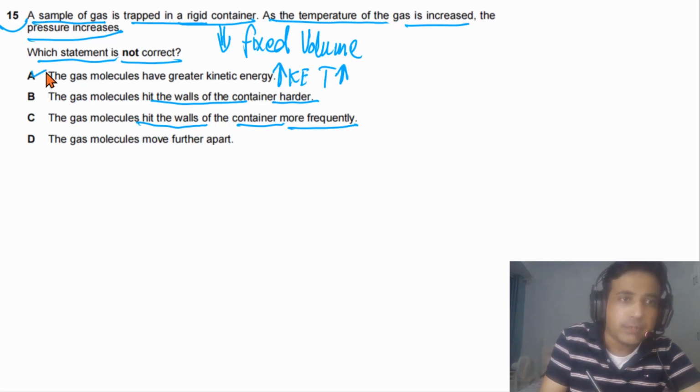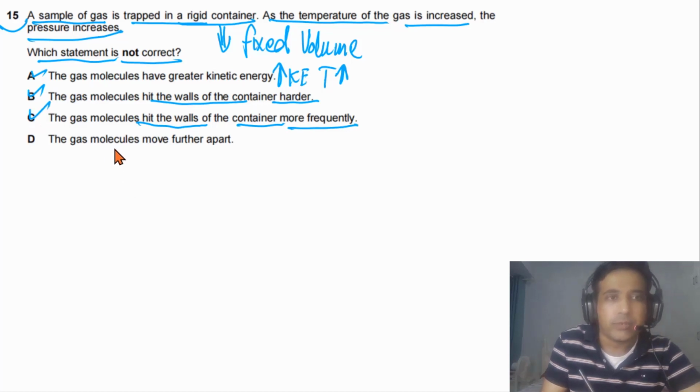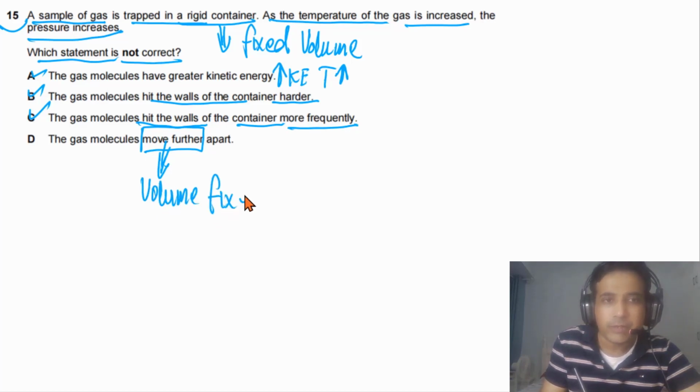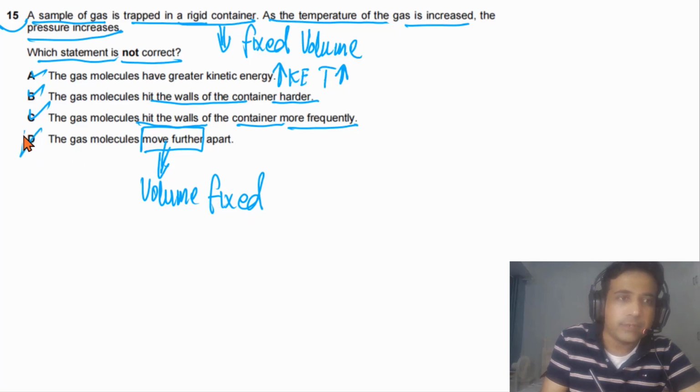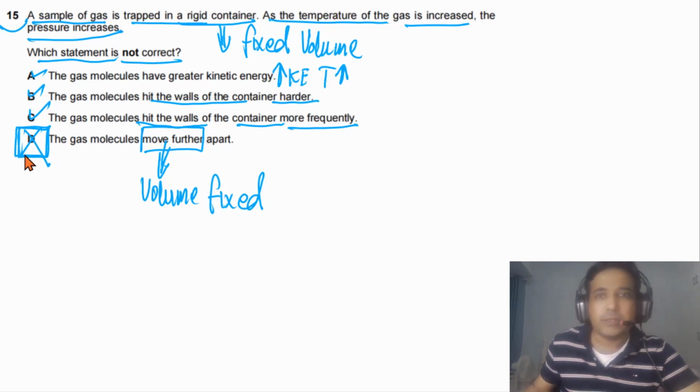So this one is correct, this is also correct. The gas molecules move further apart. No, because volume is fixed, so they will not move further apart. So this one is incorrect. So the answer for this question is D, because we need to find out which one is incorrect.